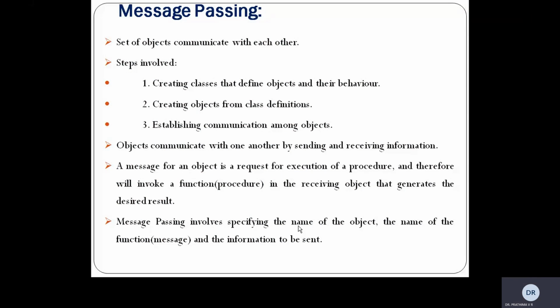For example, a message for an object acts as a request towards execution of a procedure, and it in turn invokes a function in the receiving object, thereby generating a desired result. Message passing generally involves specifying the name of the object, the name of the function, and the information which needs to be sent to the respective object.